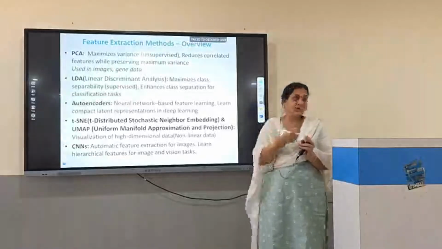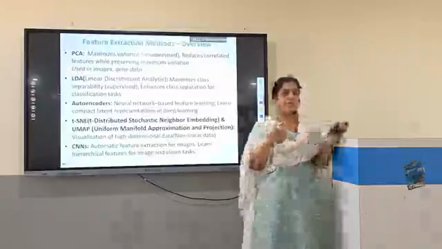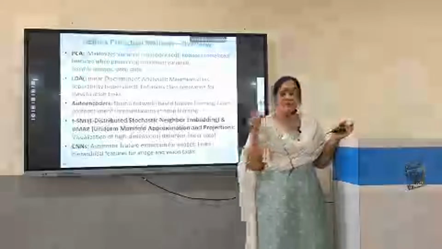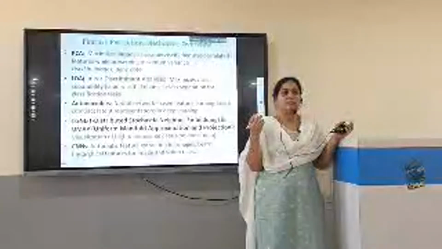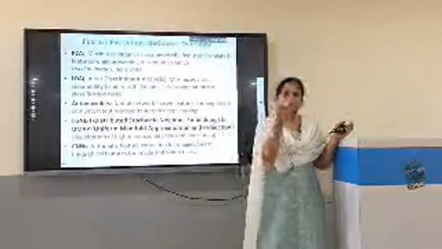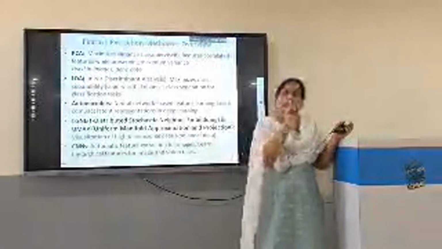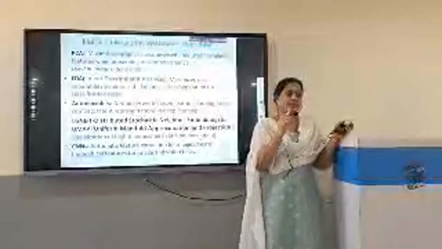Then image tagging. What is image tagging? You give an image to your model, and it is going to give a text message telling what is there in that image.